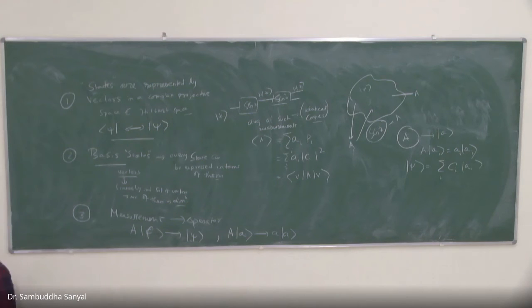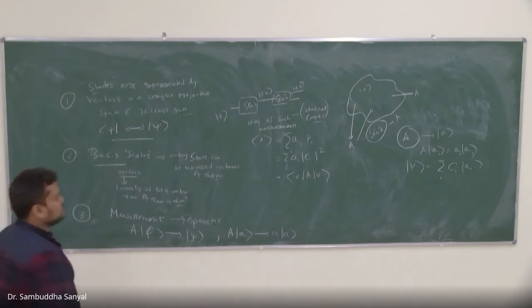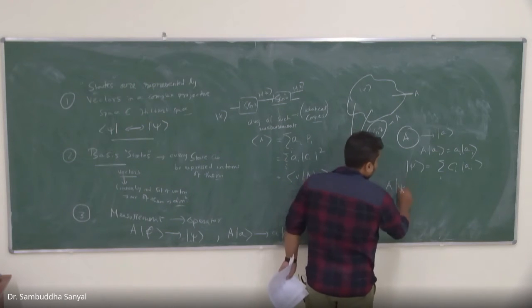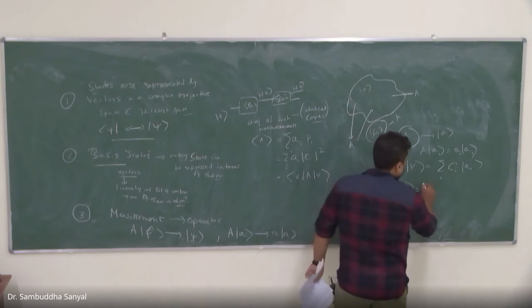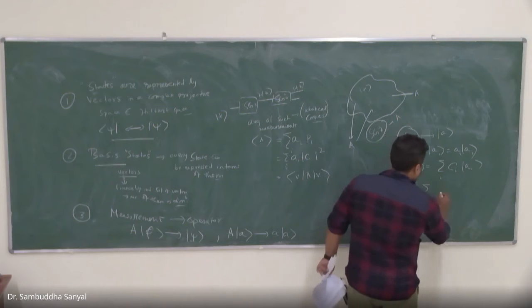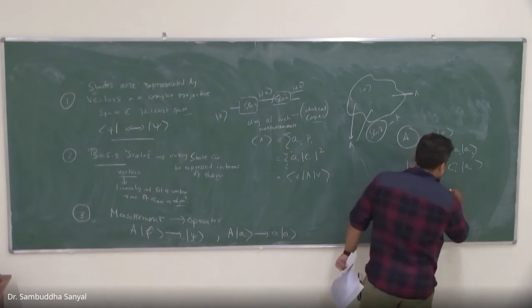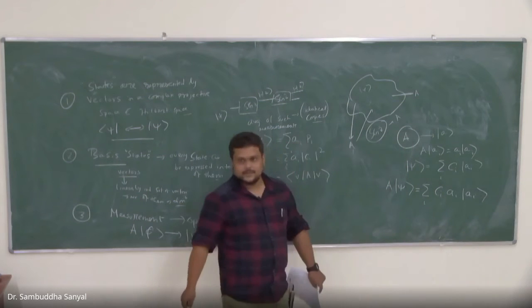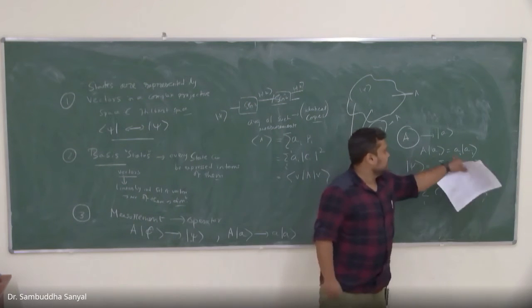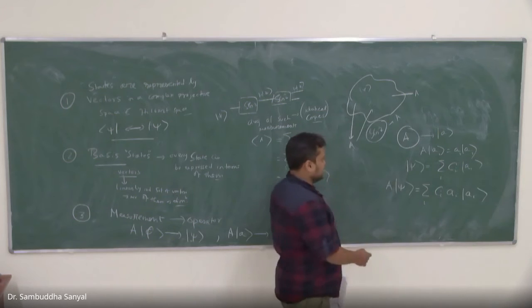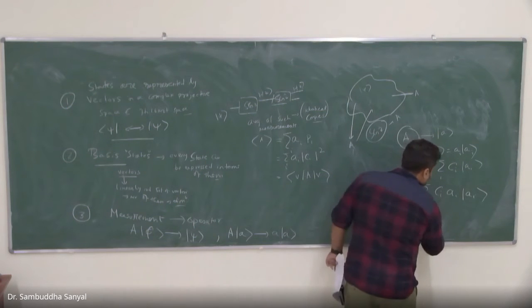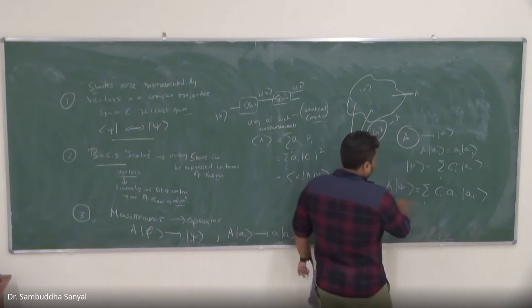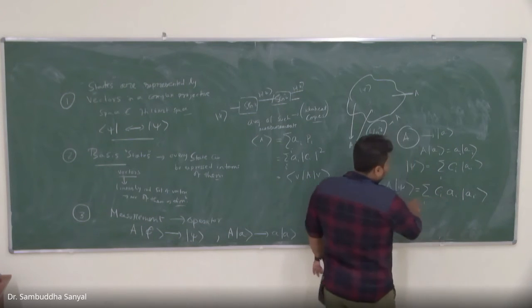Everybody on the same page? Okay. So now that means if I act A on psi, I get Ci ai, right? Because A acting on ai will give me that.